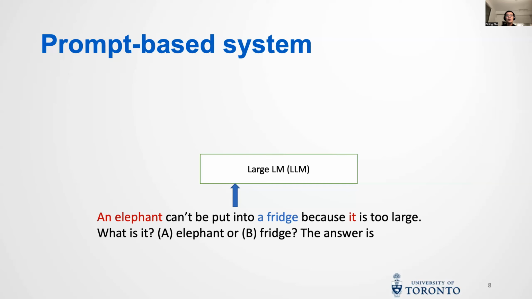So you can reformulate the pronoun resolution problem into a prompt-based question. You put the question, selection, and the answer into the prompt of the large language model and let this model continue writing the answer directly.